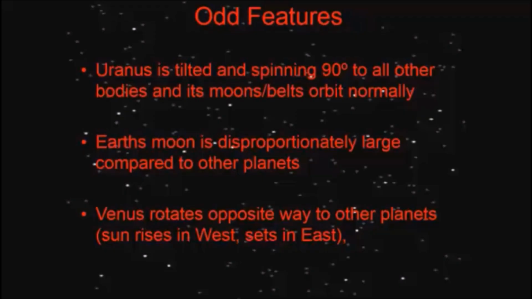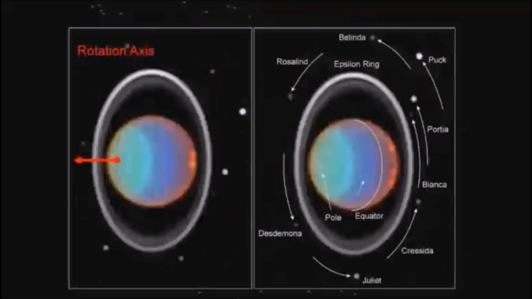So let's take a look at Uranus. So here's the rotation axis of Uranus, pointing this way, and these are its moons, named for Shakespearean characters, Midsummer Night's Dream, and various other Shakespearean plays, and here is its ring system.